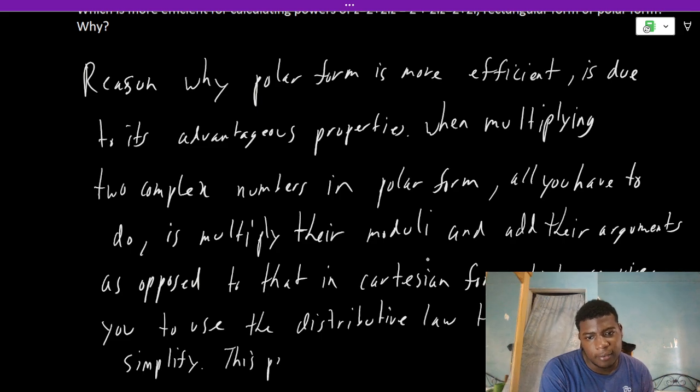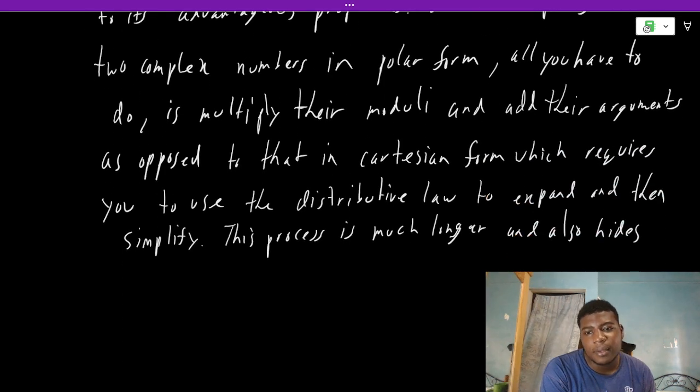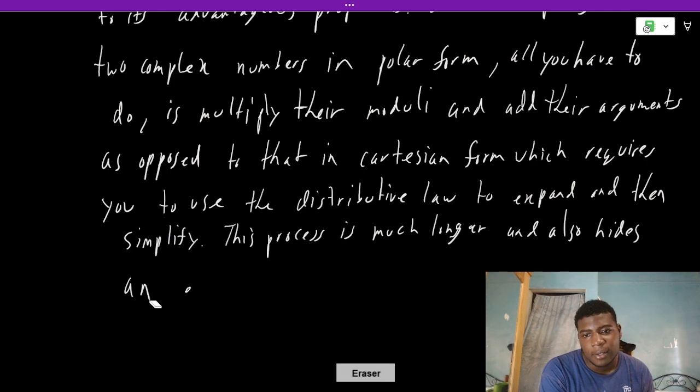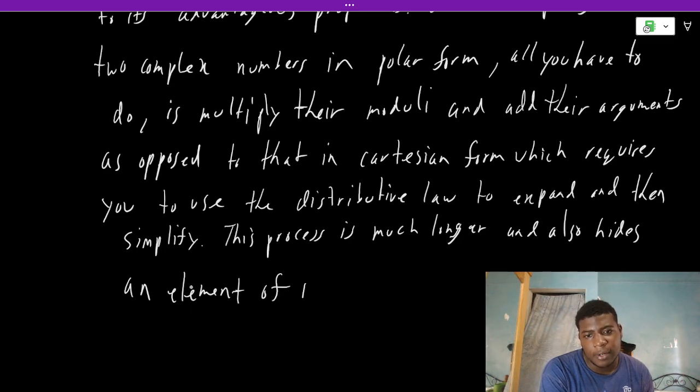This process is much longer and also hides an element of recognizing that i squared equals -1.